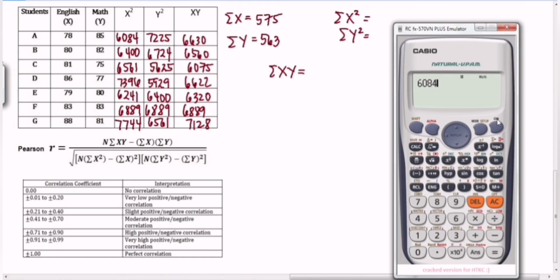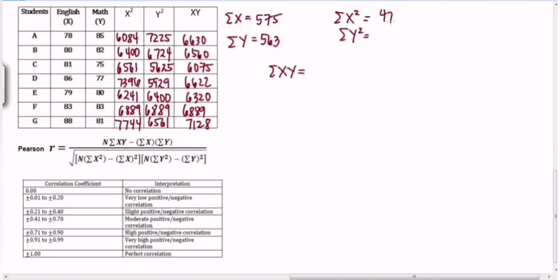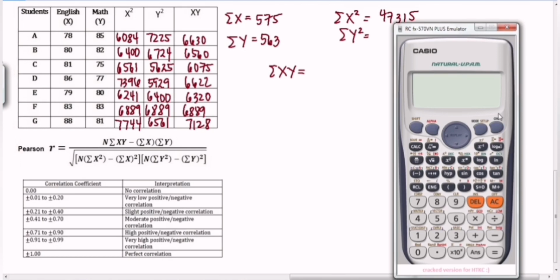Okay, next one, summation ng x squared. So, 6084, 6,400, 6561, 7396, 6241, 6889, and 7744. So, 47315. Ayan. Summation naman ng y squared. So, 7225, 6724, 5625, 5929, 6400, 6889, 6561.